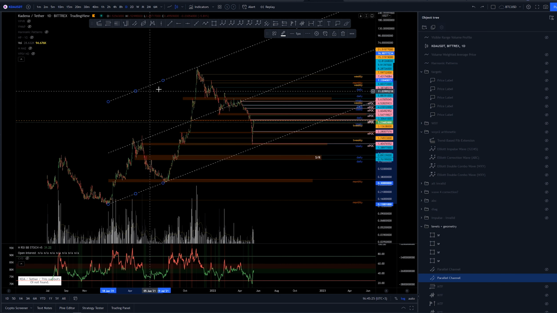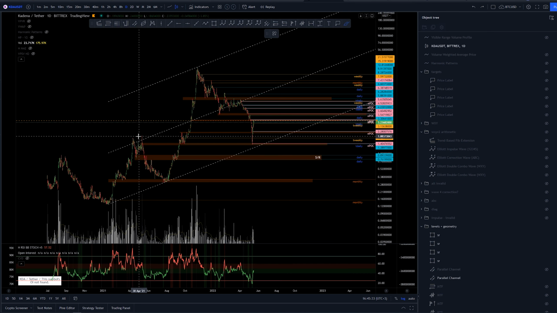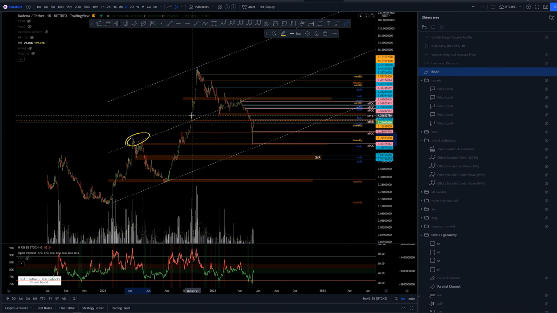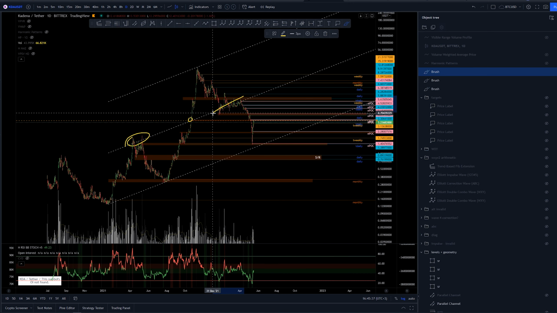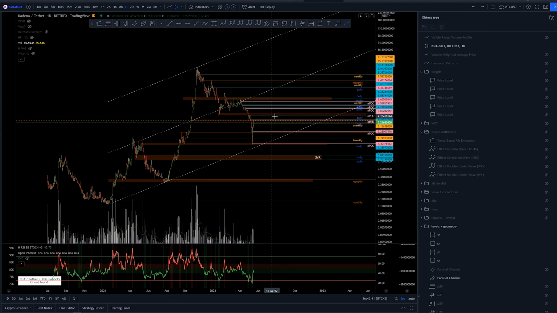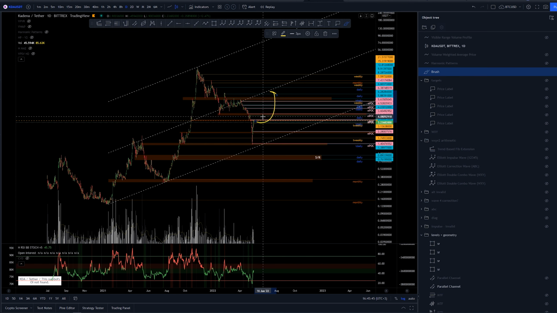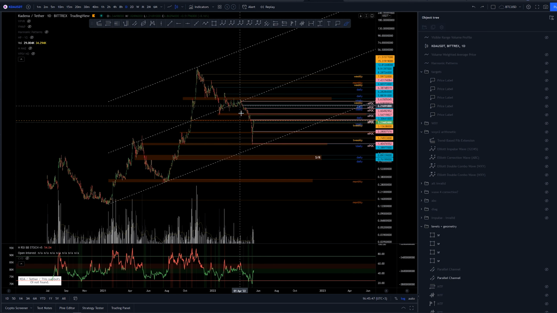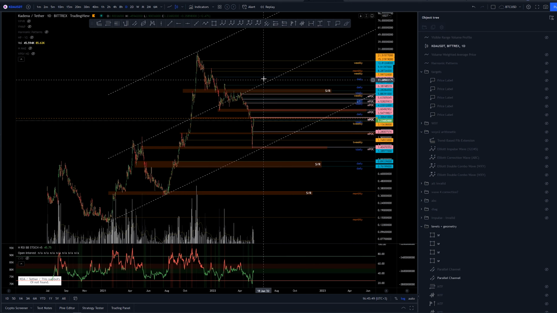In this case, this is just a best fit channel, because this here is not between these two pivot points. Still, it is giving us some kind of resistances here and play within this midline here. If the price is getting up here, I would still have this on my chart to see if there's some kind of reaction with this.